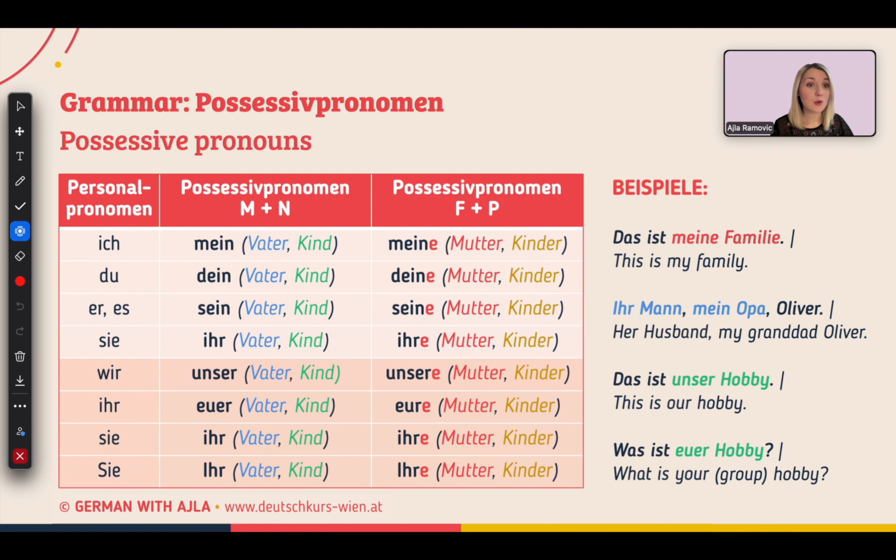There is a really simple rule to follow. When using a possessive pronoun, you will usually combine it with a noun. You have to look at the gender of your noun. So you have to ask yourself the question, is my noun masculine, feminine, neutral, if it's in singular, or is my noun in plural?